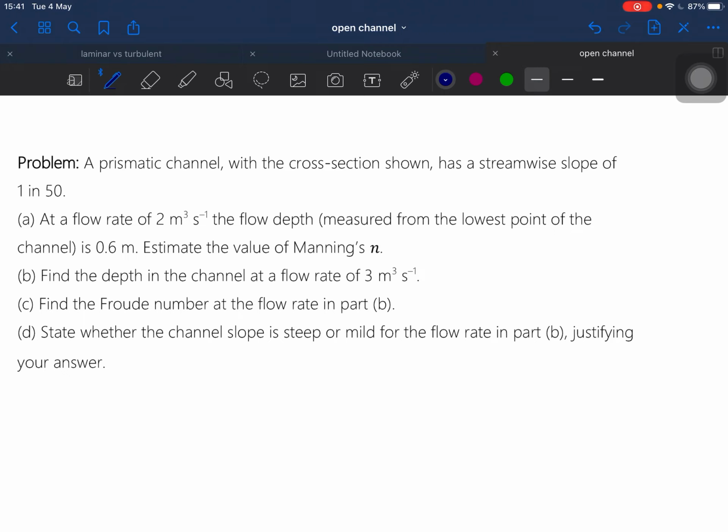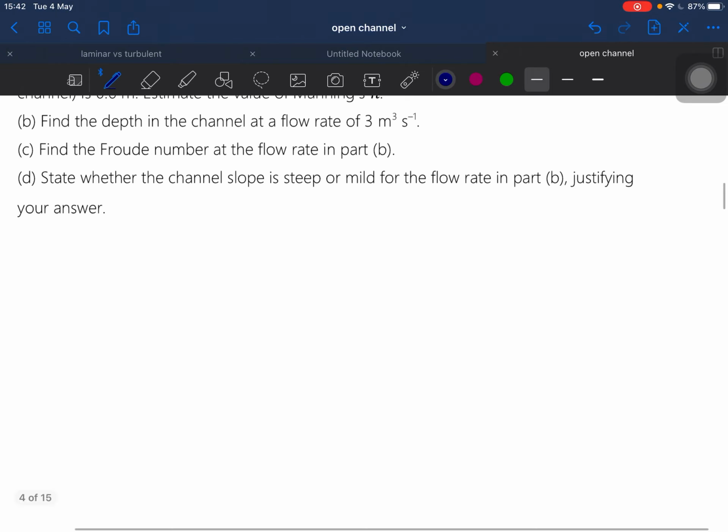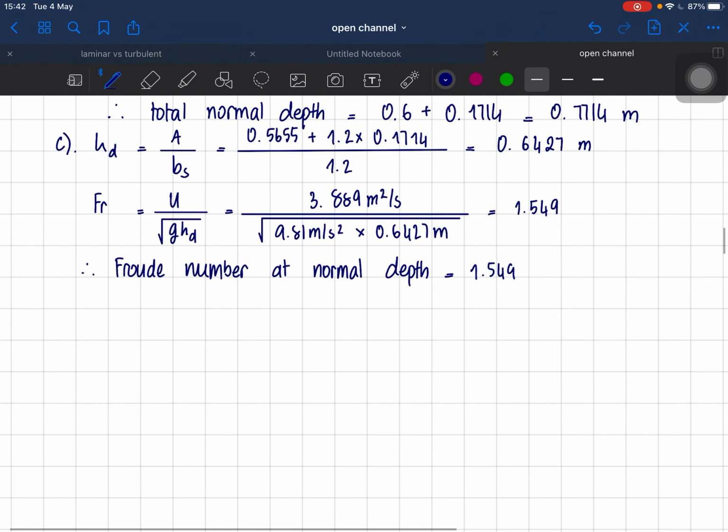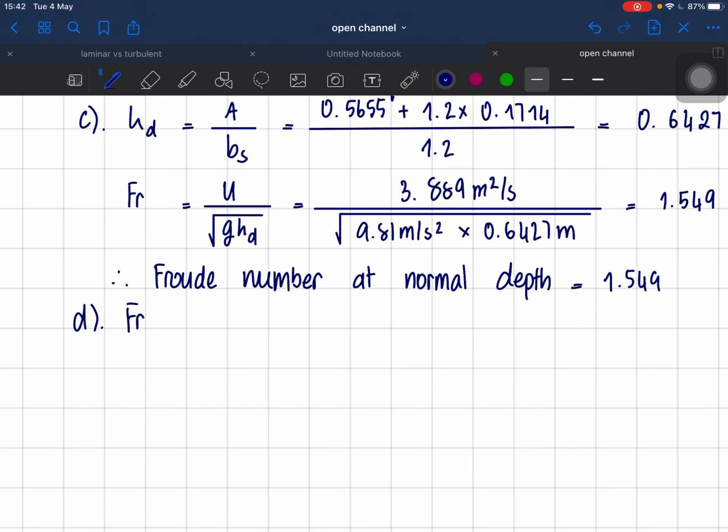State whether the channel slope is steep or mild for the flow rate in part B. So we can see that we just have to tell them if the Froude number is critical, supercritical or subcritical. So we need to say that the Froude number is larger than 1 or less than 1. So for D, Froude number equals 1.549 is larger than 1, right?